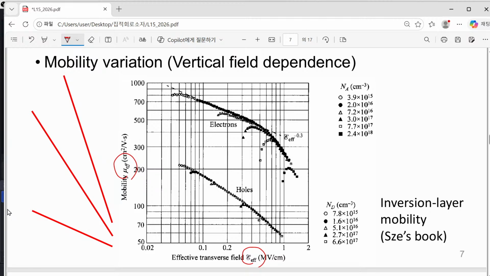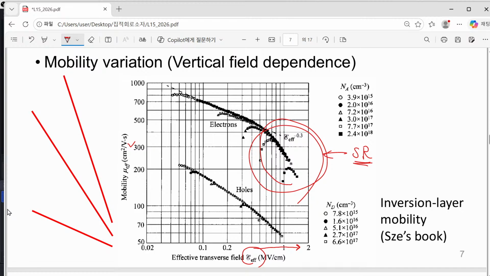Where can you find it? Actually, here you can find it. When we increase the effective electric field, our mobility degrades quite significantly. This part is quite severe, in the so-called surface roughness scattering dominant region.